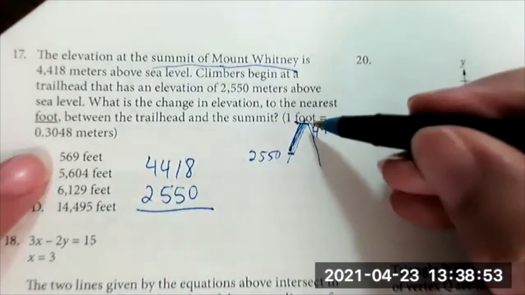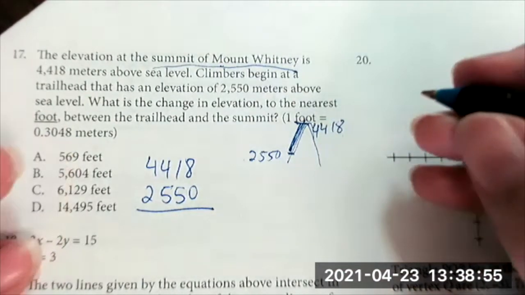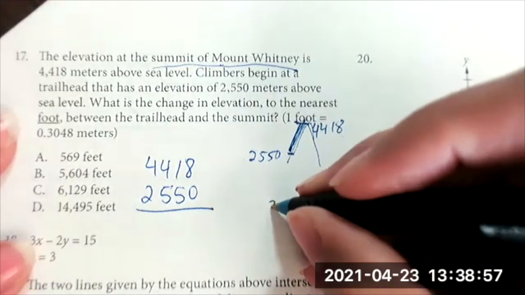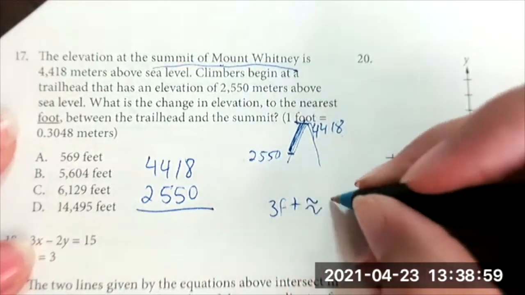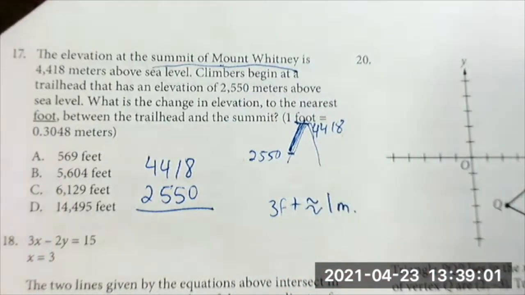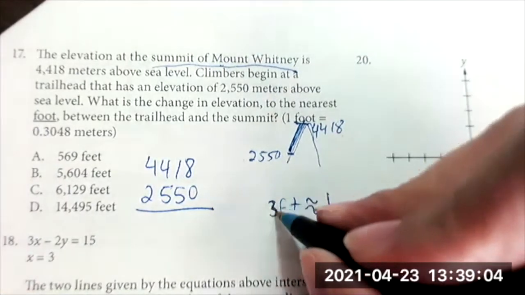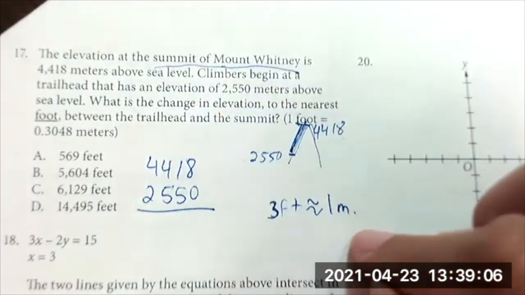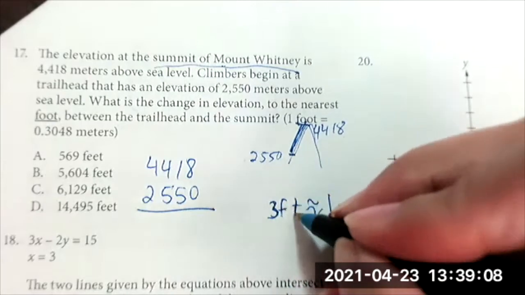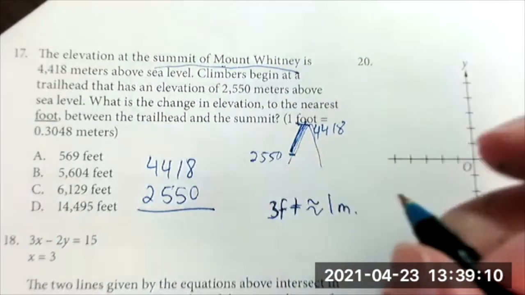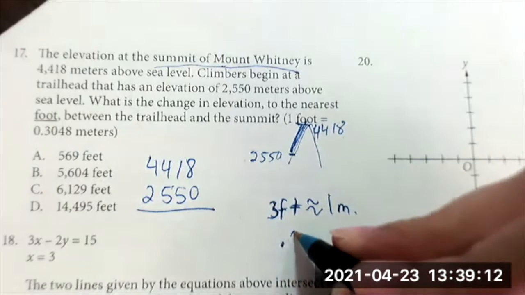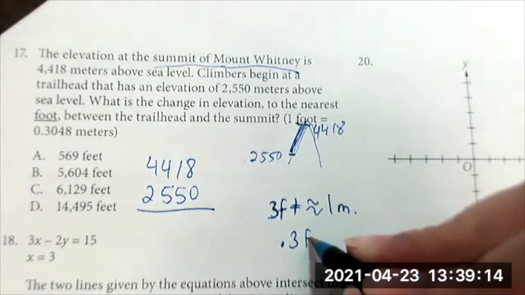I know it says 1 foot is 0.3 meters, but you can also say that 3 feet is approximately 1 meter. Just keep that in mind because it's 0.3. It's just easier to understand like that, but we can use 0.3.